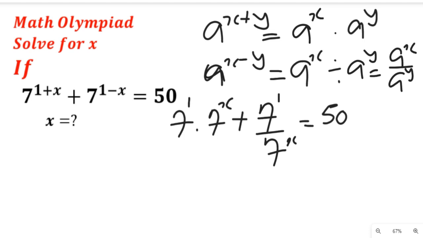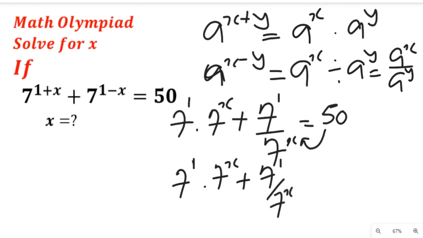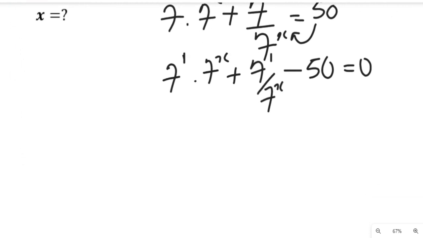Now, having done that, we are going to bring this 50 over here, and this will give us 7 to the power of 1 multiplied by 7 to the power of x plus 7 to the power of 1 divided by 7 to the power of x, minus 50, all equal to 0. Now, having arrived at that, the next thing we'll do is to simplify further.